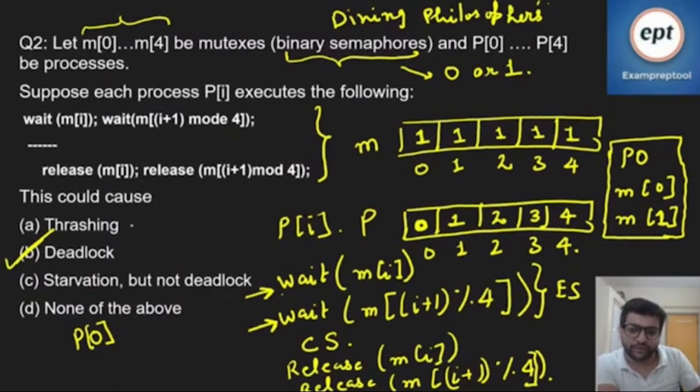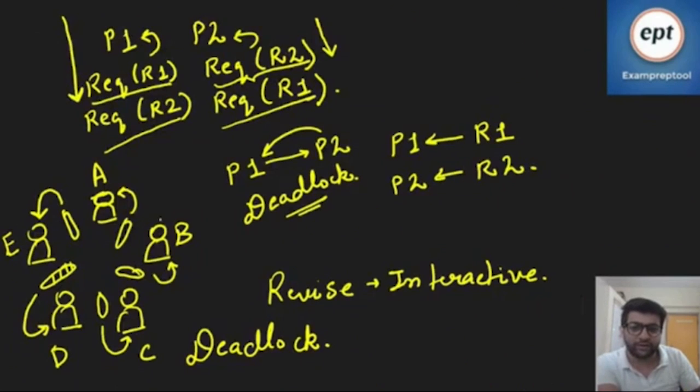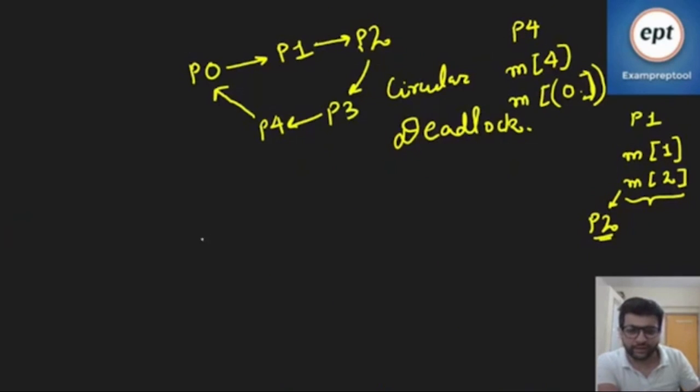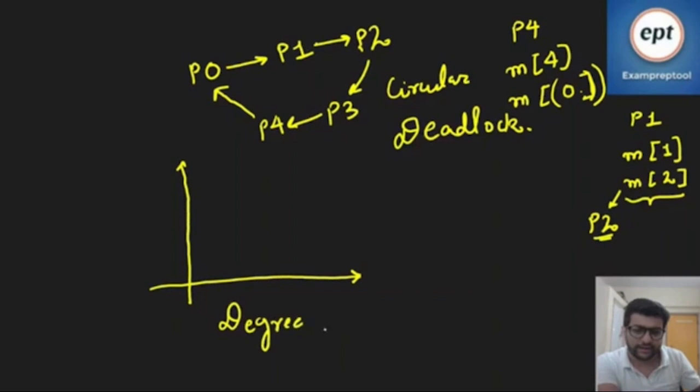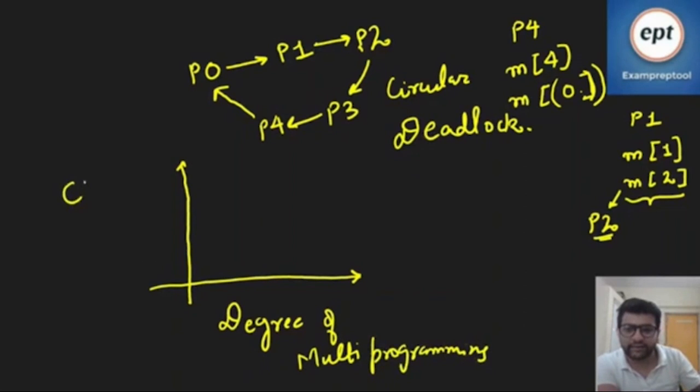So the first option says thrashing, but this is not thrashing. The code is nothing related to thrashing. Why? What is thrashing? Thrashing is a concept where, on the x-axis, we have the degree of multiprogramming, and on the y-axis, we have CPU utilization.